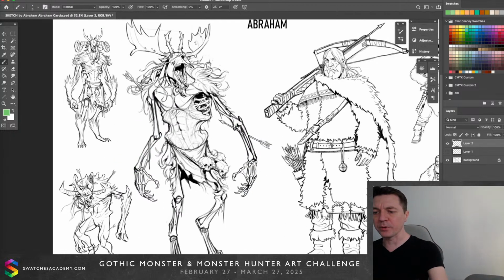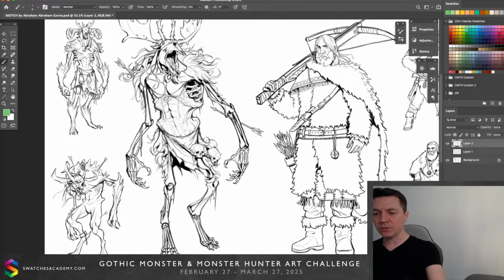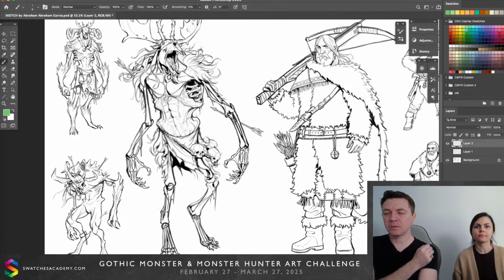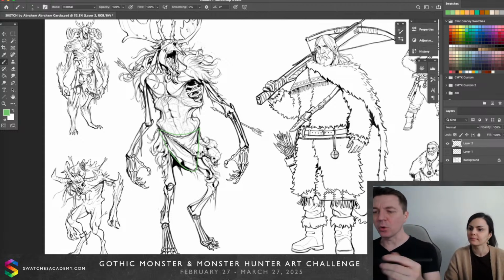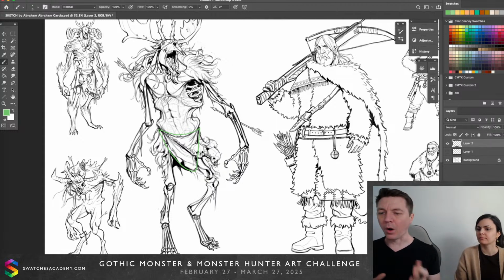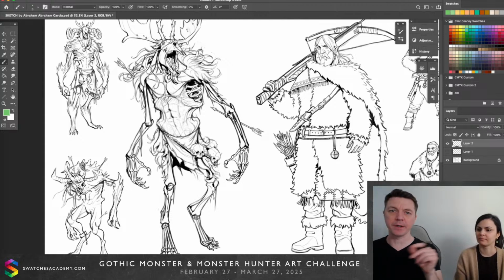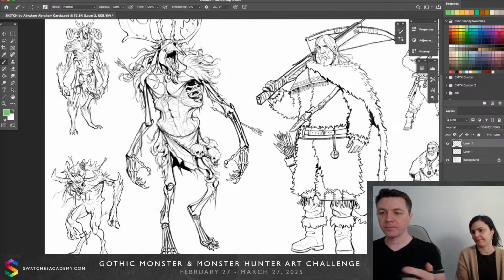Okay, other things is, I think what's catching me is just the little loincloth. I get why it's there, but is there another way that we could approach it so it's not just the triangle loincloth? Could just do some fur.